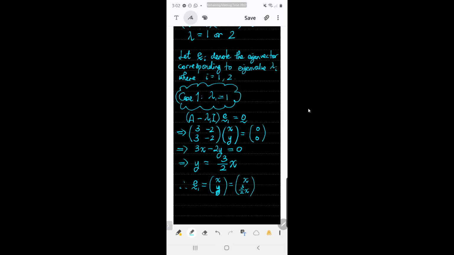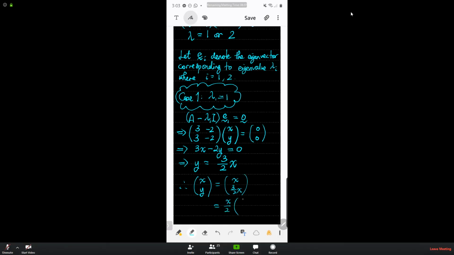And my eigenvector 1, I think I shouldn't put equal first. I think I put it this way. The solution is in the form of x, y, which is equal to x followed by 3 over 2x. So you can factorize the x over 2.